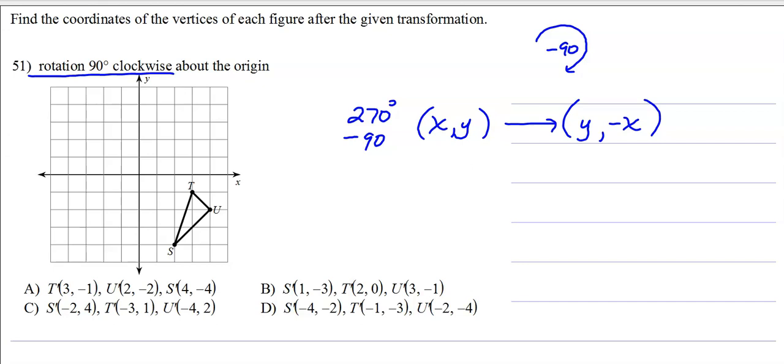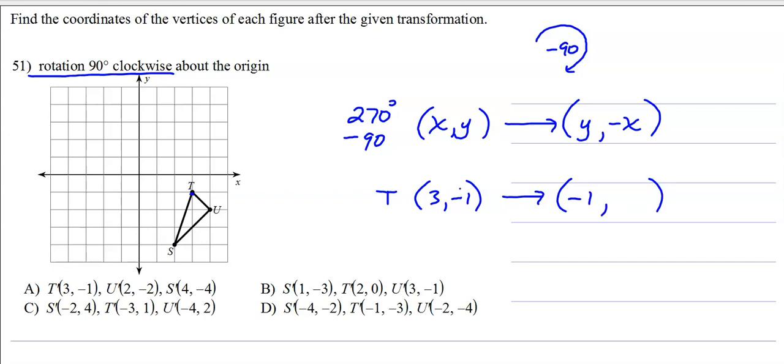I'll take a point. I'm going to take point T. He's chilling right now at 3, -1, minding his own business. Somebody rotates him around the clock in the negative direction, 90 degrees. So the rule says the Y has got to jump to the front. So my Y value jumped to the front.